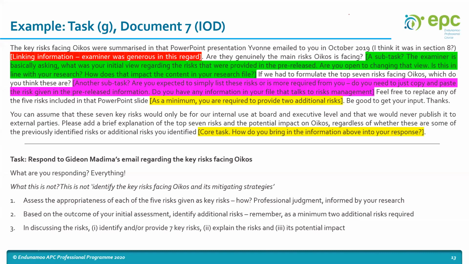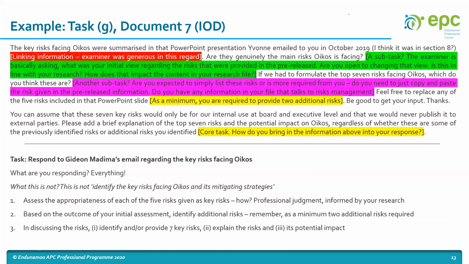It means we really need to still exercise critical thinking. And this is what the examiner is challenging you. Did you believe me when I said these are the key risks facing OKRs? Okay? Then they say, if we had to formulate the top 7 risks facing OKRs, which do you think these are?